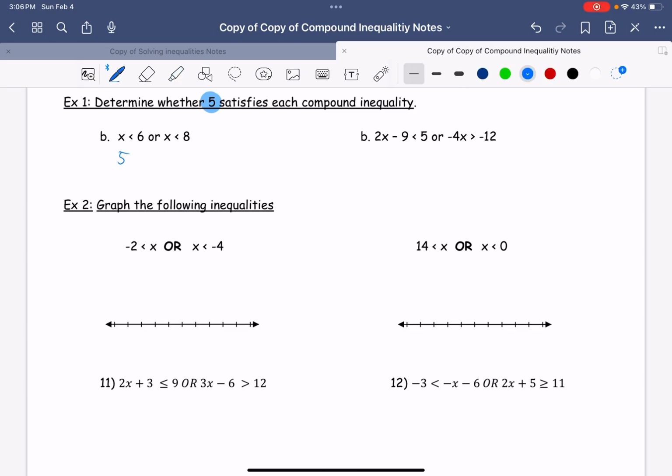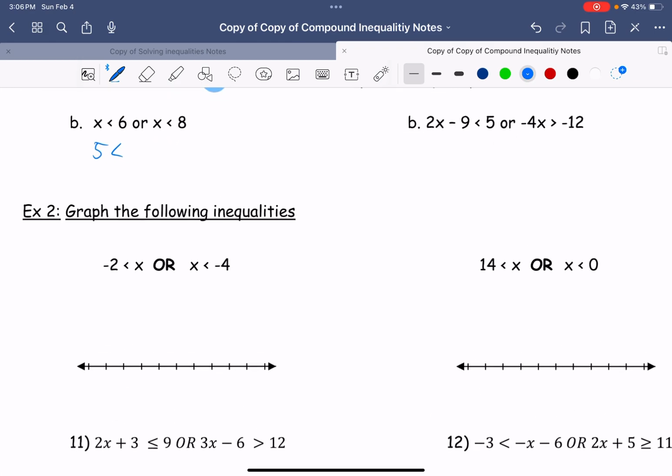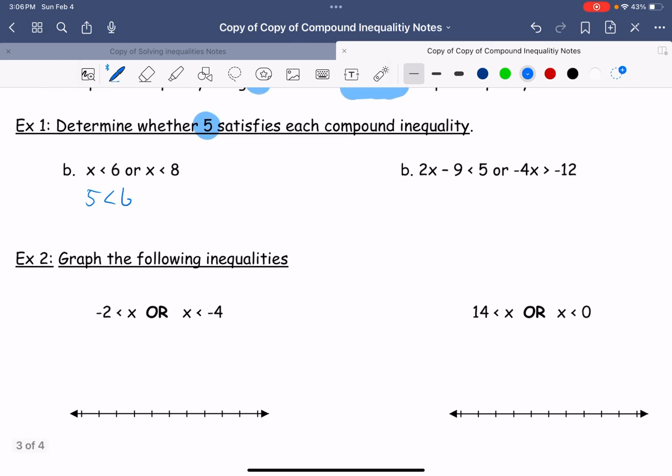And we're going to have 5 is less than 6. Well, that's true. And 5 is less than 8. Yep, that's true. So yes, we do have an or statement that satisfies. Both of them happen to be true, but it doesn't matter because we just need one or the other.